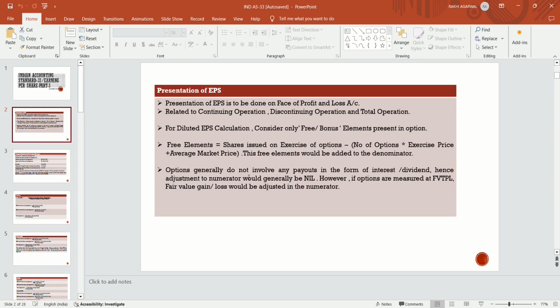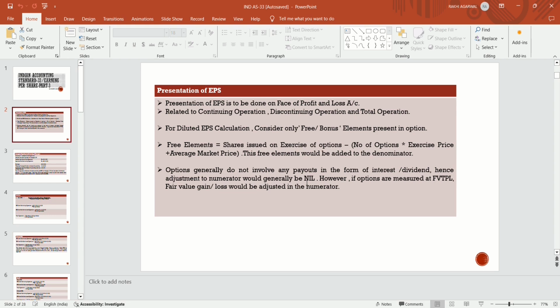Also, options generally do not involve any payout in the form of interest or dividend, hence adjustment to the numerator would generally be nil. If there is no payout in the form of interest or dividends, so no adjustment is required, it will be nil. However, if the options are measured at fair value through profit and loss account, then fair value gain or loss would be adjusted.